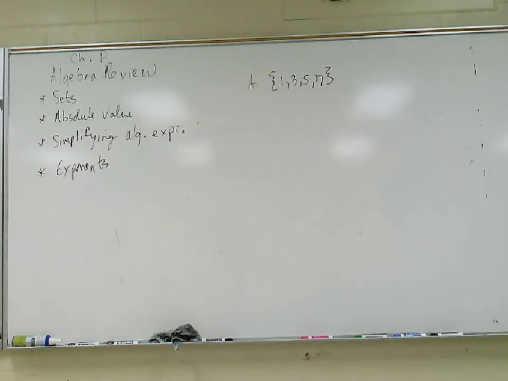I'll give you a hint, it starts with E. Elements. Each piece in a set is called an element. So if I said list the elements of the set A, you would say 1, 3, 5, 7.